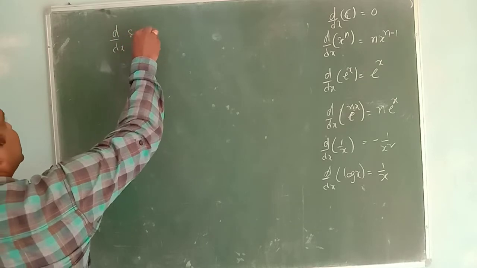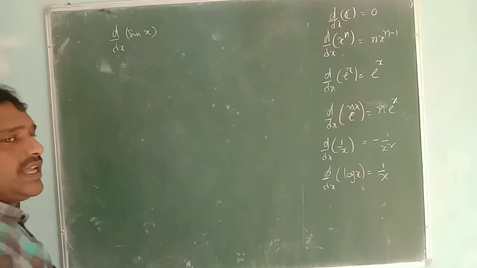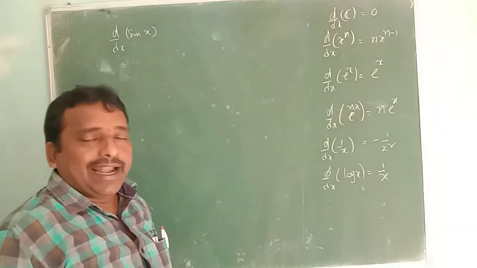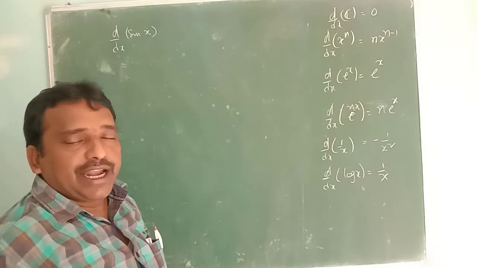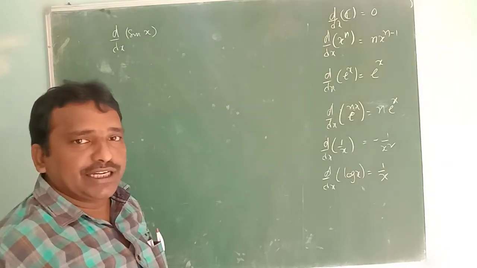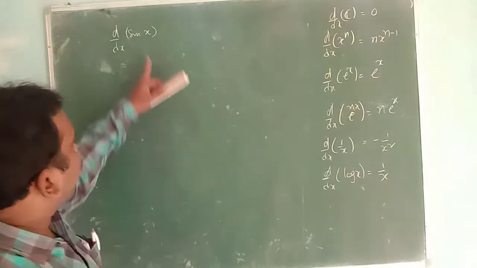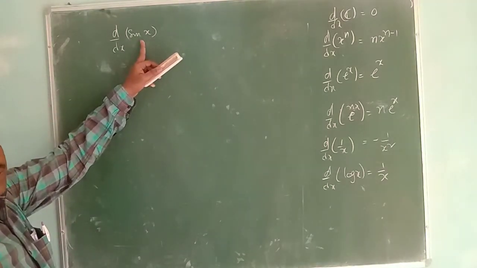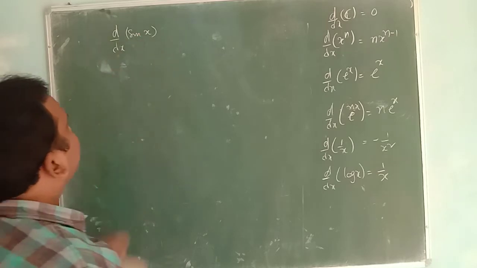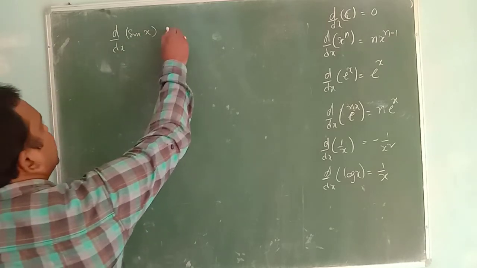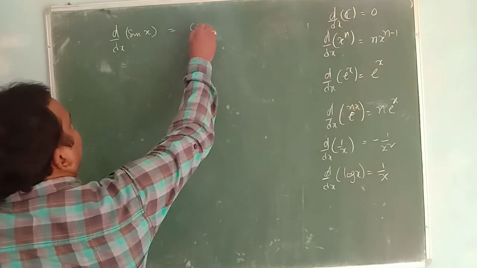Derivative of sin x, sin, cos, tan, cosecant, secant, cotangent, all these are the trigonometric ratios. Now, if you are taking the sin x differentiation, the value will be cos x.